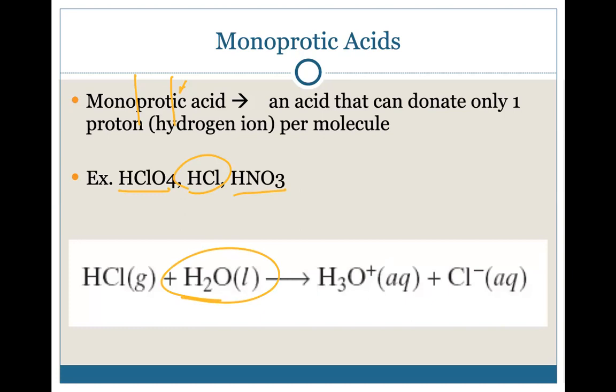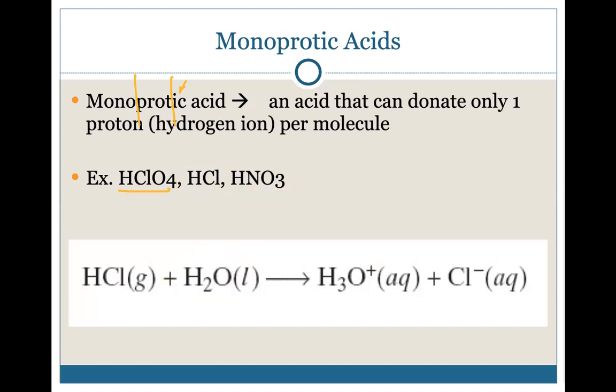In this example, in this acid-base reaction, you have hydrogen chloride donating a proton to water to form hydronium and a chloride ion. So this would be a great example if I ask you what definitions of acid-base fit to this reaction.